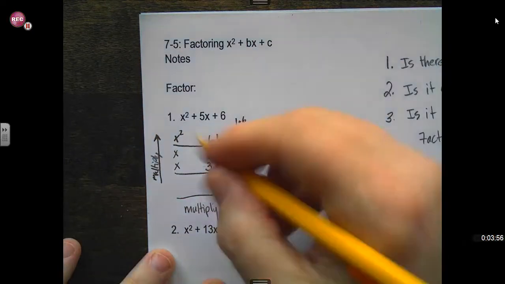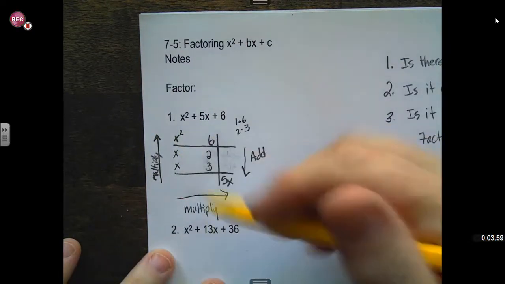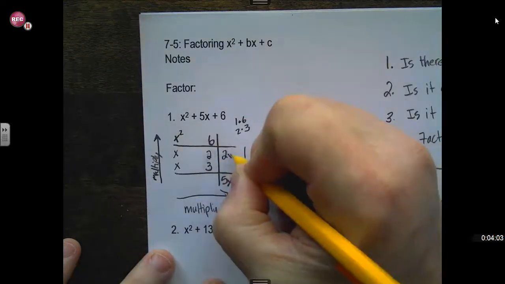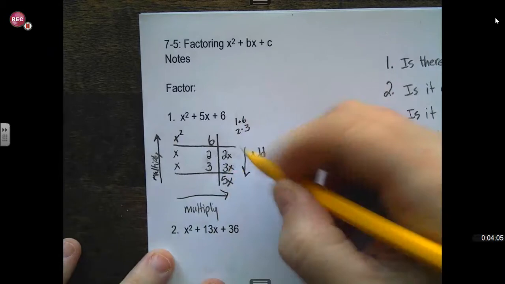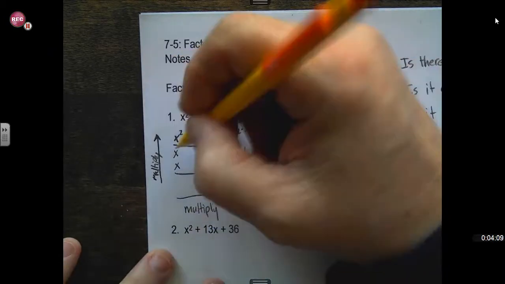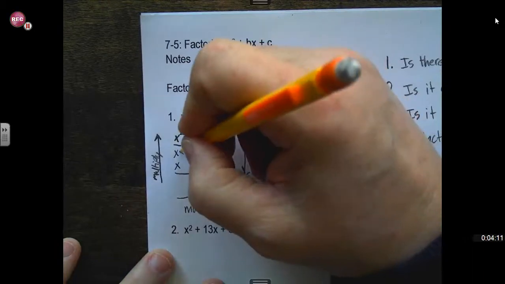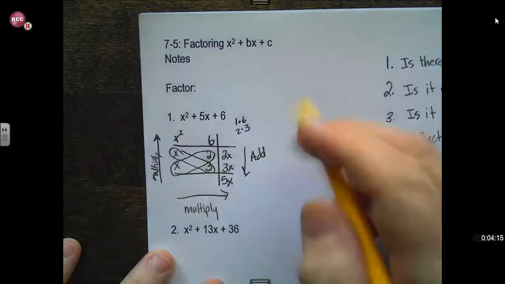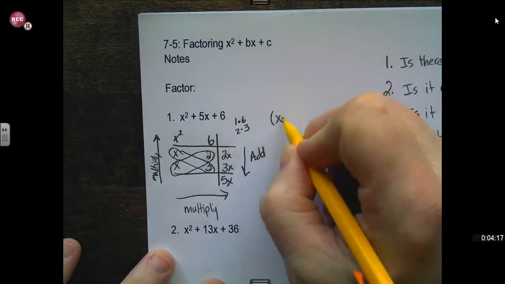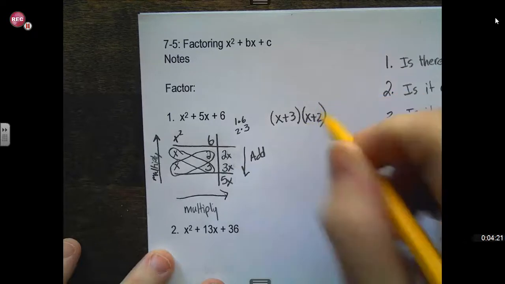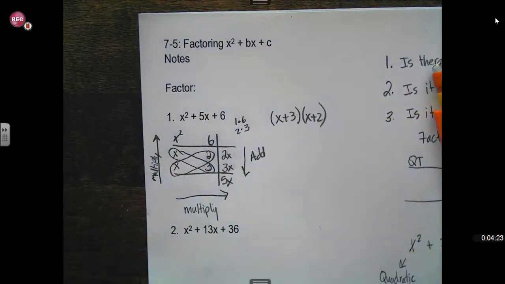So I multiply across, I get 2x and 3x, and 2x plus 3x is 5x. So it works. So my answer for all that is x plus 3 times x plus 2. And I write it out: the quantity x plus 3 times the quantity x plus 2. That's how that will factor.